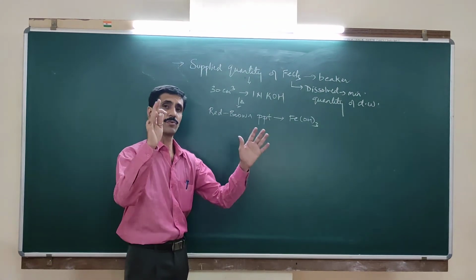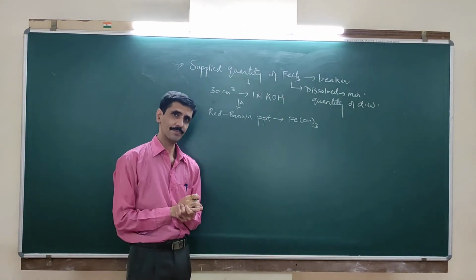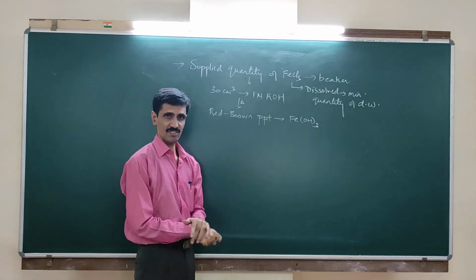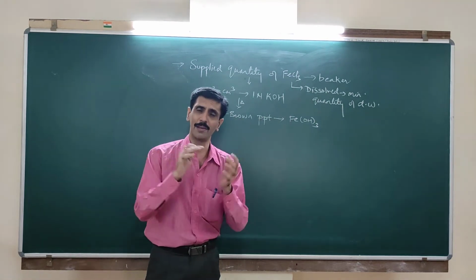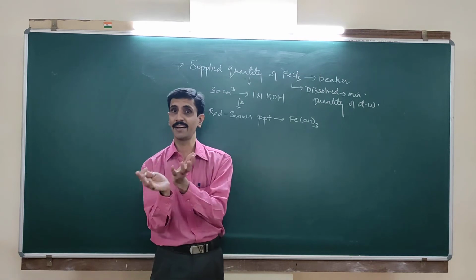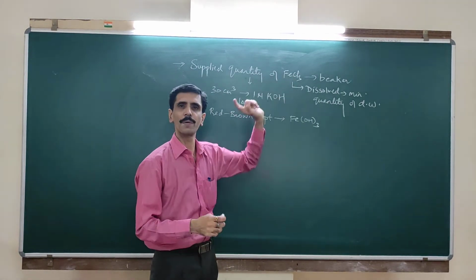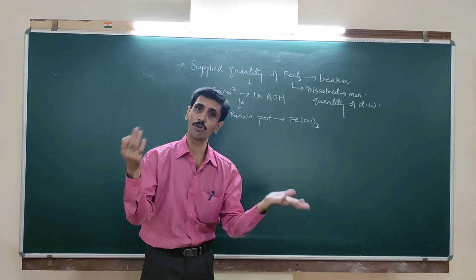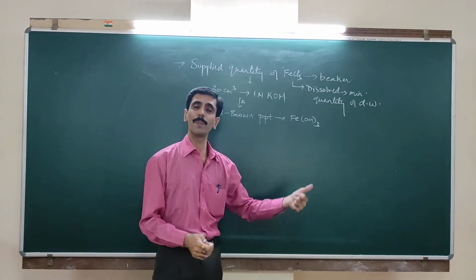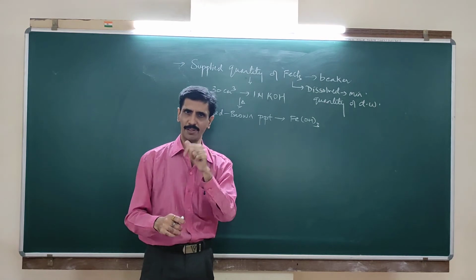Now this precipitate that you get of FeOH thrice is not the only one, my dear friends. There is a side reaction also taking place, so that means the KCl will be formed, and that will be in a solution state, and this is in a PPT. So I hope you understand the difference.